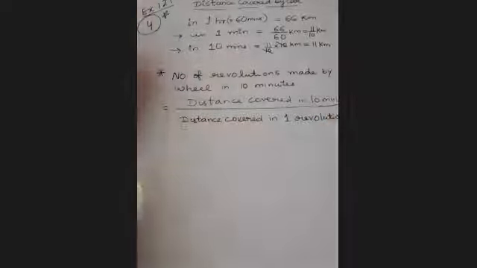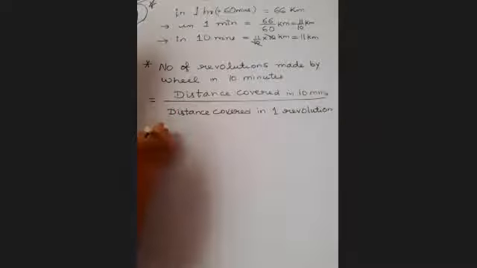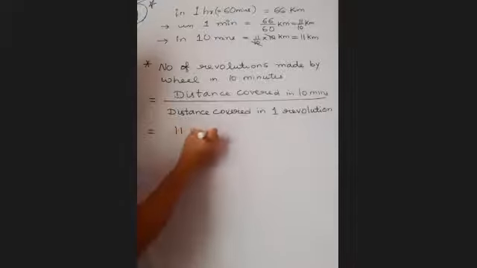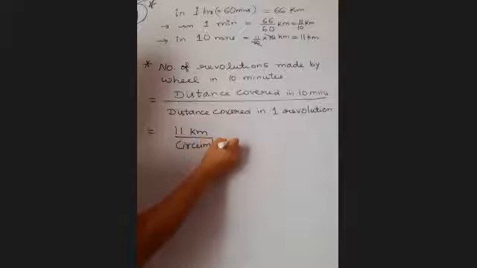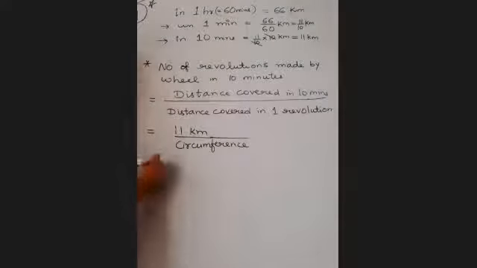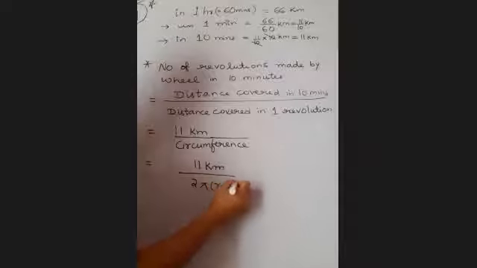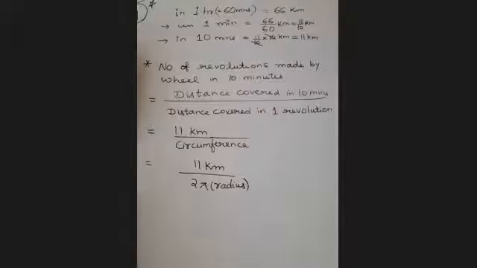The distance covered in one revolution. So the distance covered in 10 minutes is 11 kilometers, and the distance covered in one revolution is equal to the circumference, which is 11 kilometers upon 2 pi r. Since I have not defined r, I will be defining the radius.